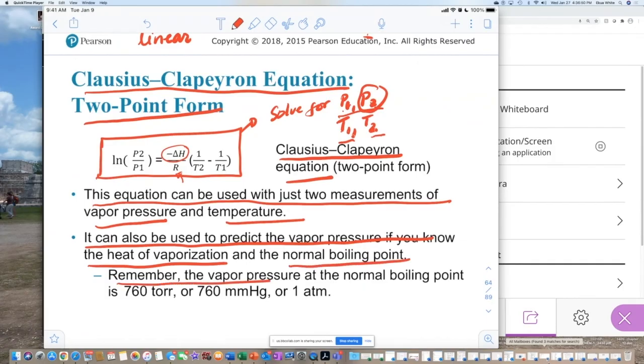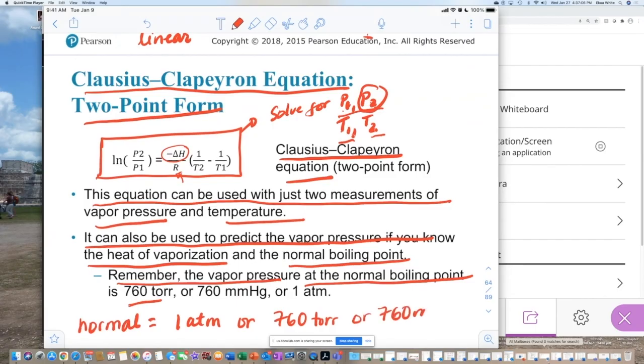Remember, the vapor pressure at the normal boiling point is 760. So when they say normal, they mean 1 atmosphere or 760 torr or 760 millimeters of mercury. Pick whichever is relevant to the question, because the question will give you different units for pressure.